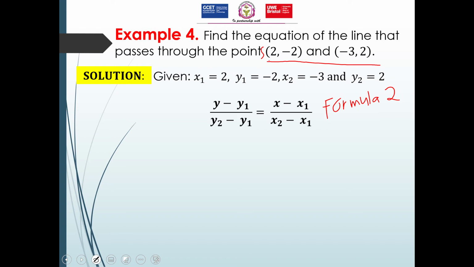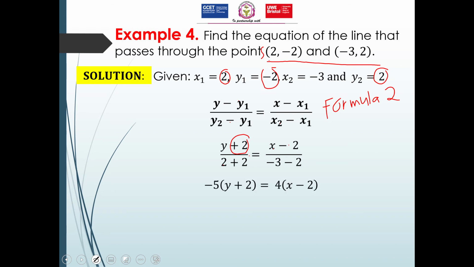Okay, putting all the values, y1 is minus 2, minus minus will give you plus 2, y2 is 2, y1 is minus 2, so 2 minus minus 2 gives plus 2. x minus 2, x1, x2 is minus 3 minus 2.